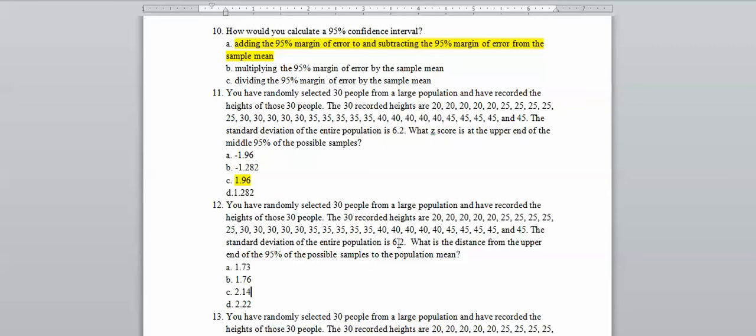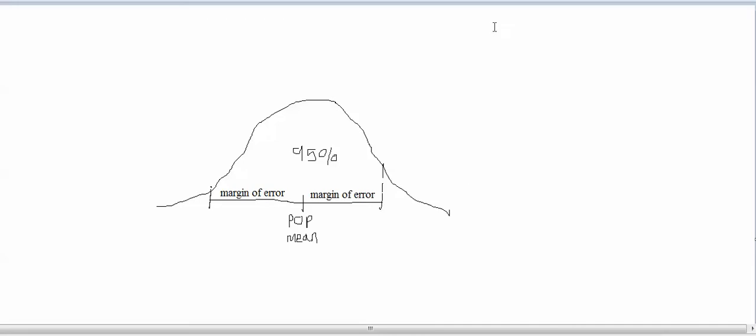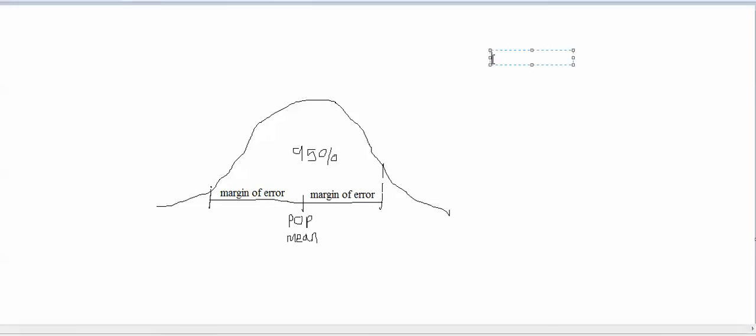And the fact that it's known is why we're using the z-score up here. The margin of error with the population standard deviation being known is this.